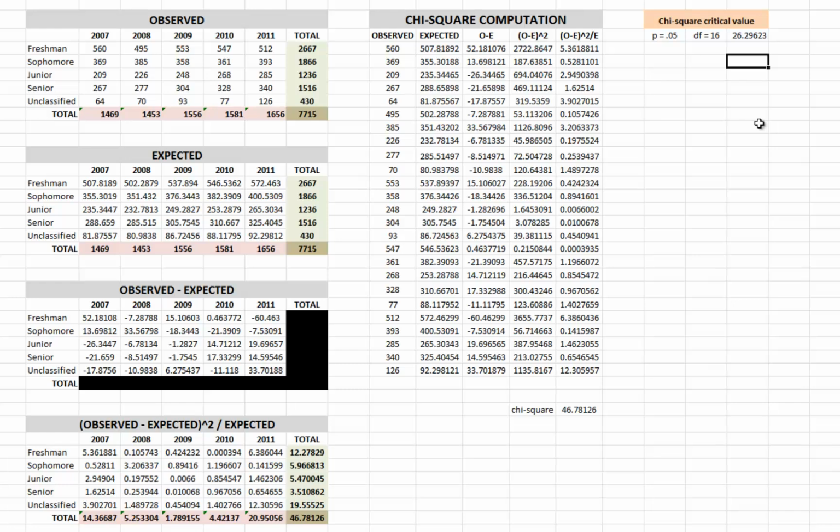And again, since our chi-square value in our problem is significantly more, doesn't matter how much more, but it is more than our critical value of 26.30, we have to reject our null hypothesis and conclude that these variables are related. There is some relationship between the 2. All right, so let's go back into PowerPoint and finish up our video.